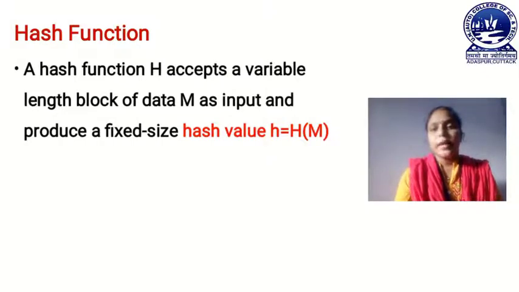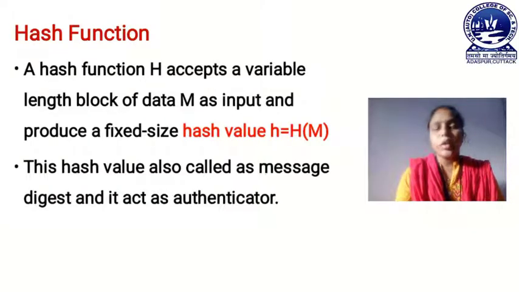By taking a variable length of data, this hash function produces a fixed length value which is represented by small h, and this fixed length value is called the hash value.